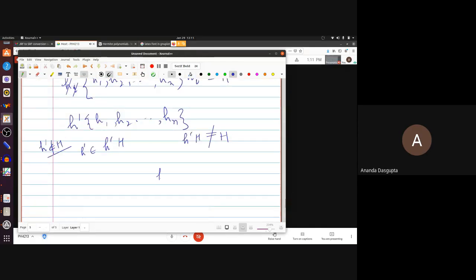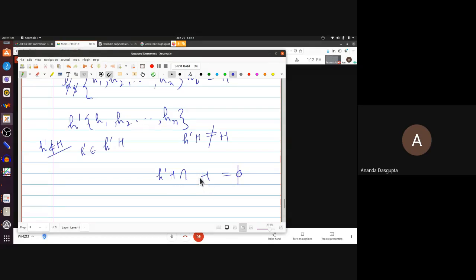So what does it tell you about the intersection of H prime H with capital H? That will be a null set, no? If H prime H doesn't contain any of the H elements, then it becomes a null set. Yes, it is a null set. Good. So H prime H does not have any overlap with H.